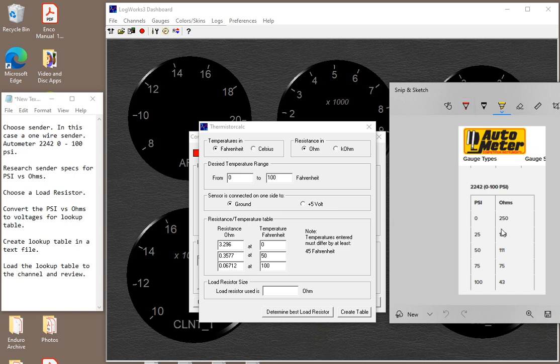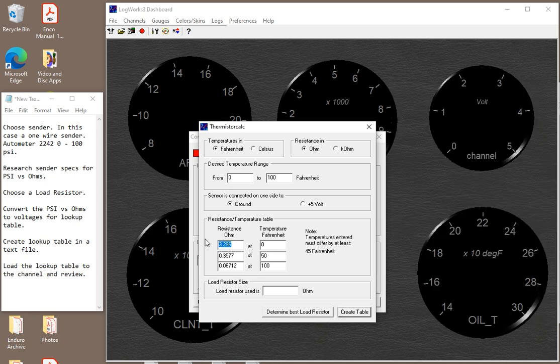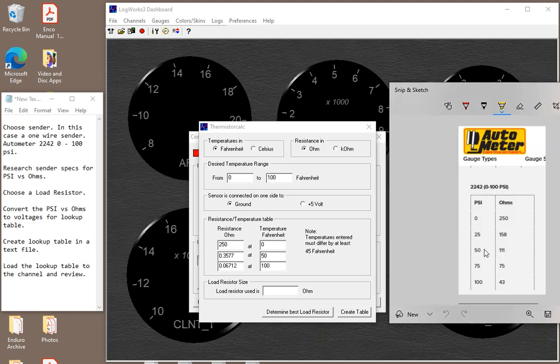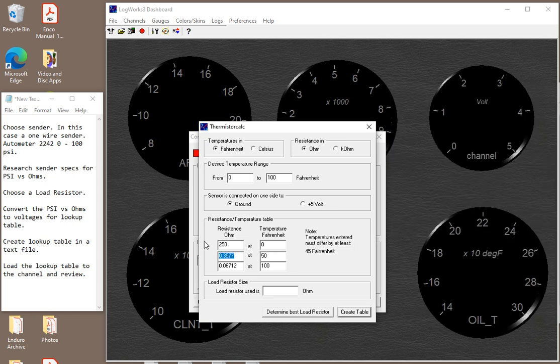At 0 psi we have 250 ohms, so we're changing this to 250. At 50 psi we have 111, so 50, 111.